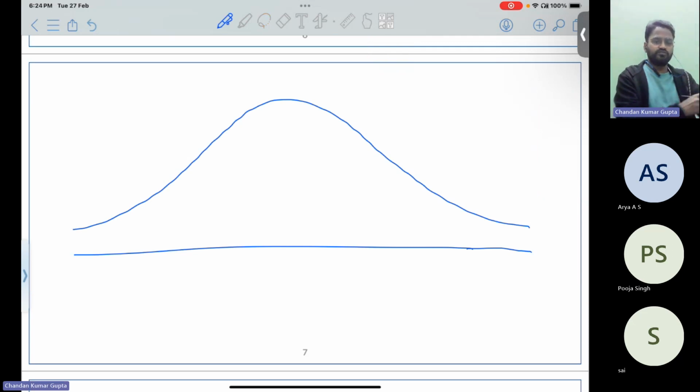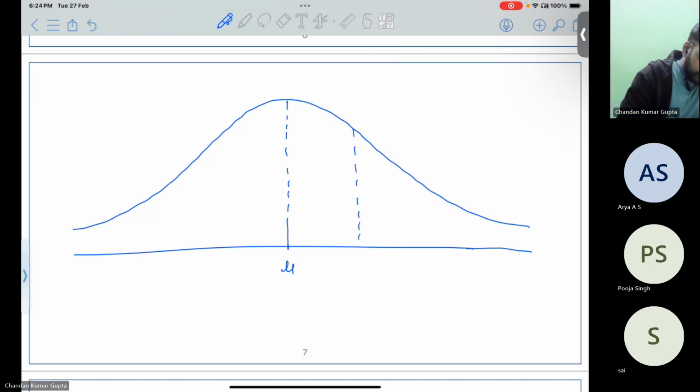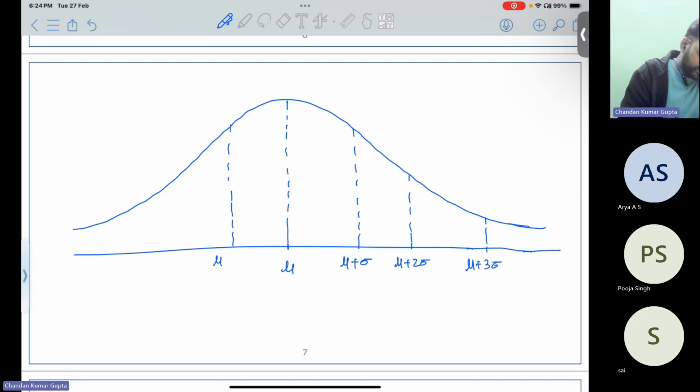Suppose it is a normal curve, for example. And this is mu. Suppose this is mu plus sigma, mu plus 2 sigma, mu plus 3 sigma. Similarly here also, it's minus sigma.